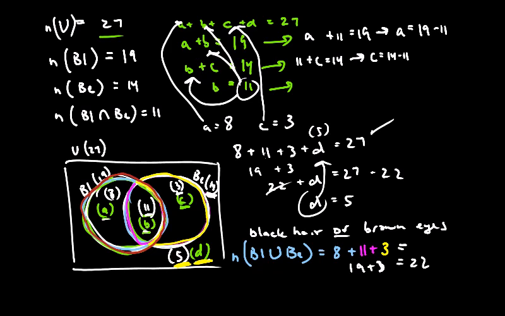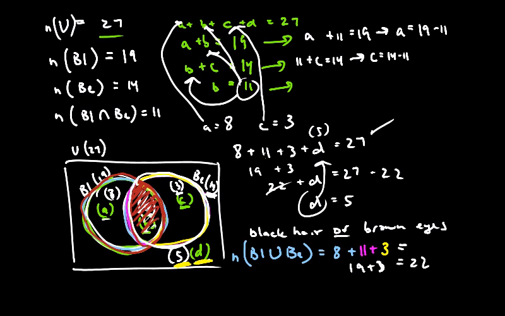So let's see if we can represent by shading these people right here in this little football. They're the ones that also have brown eyes because, remember, here's our set of people that have brown eyes. So everything in here, these people have black hair and brown eyes. So we want to eliminate those people.